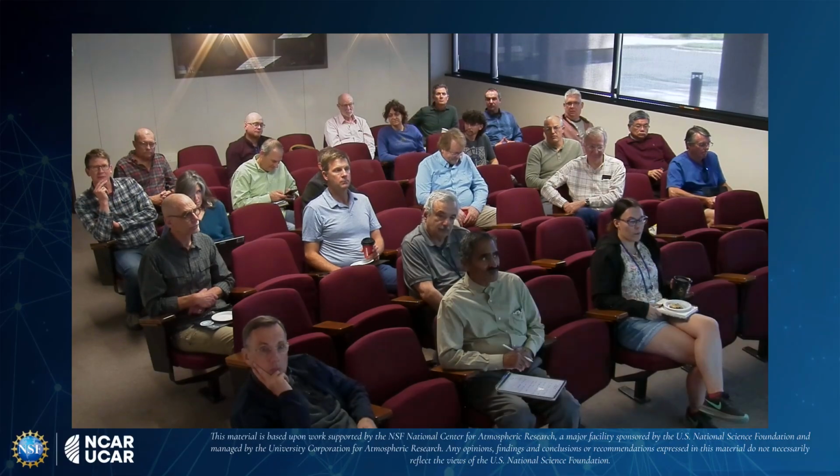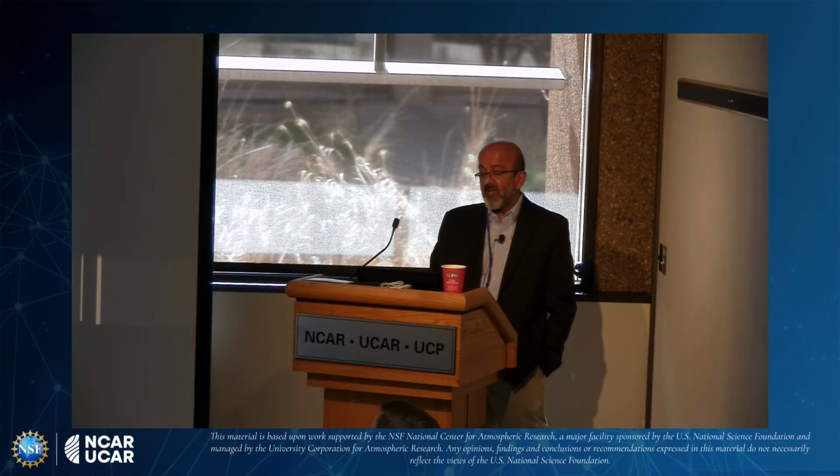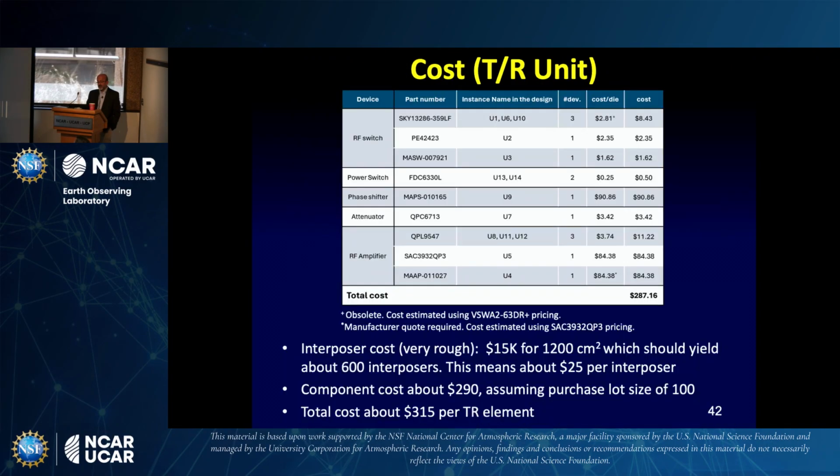So, another good question. Let me get to that slide. This 15,000 that I mentioned includes assembly, right? If I said I'll save a little bit and do the assembly on my own, I'd lose my eyesight before I'm done.